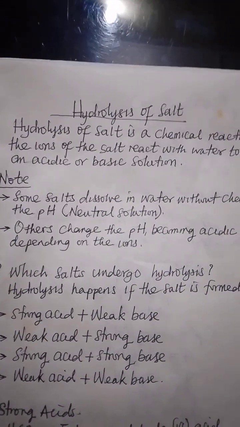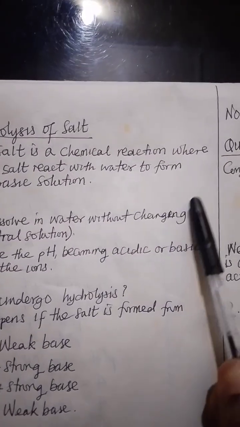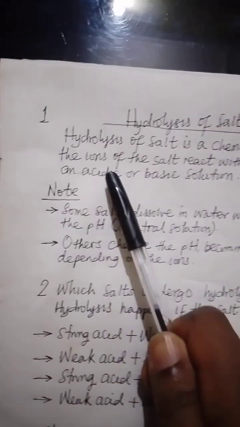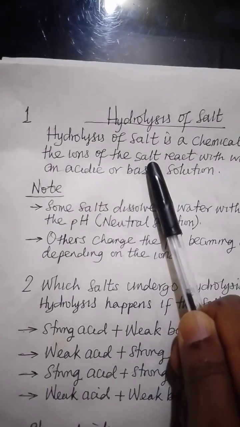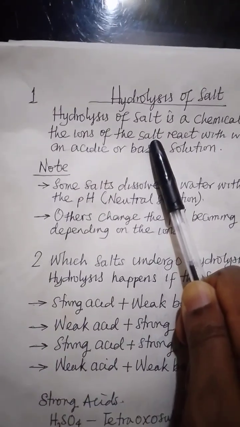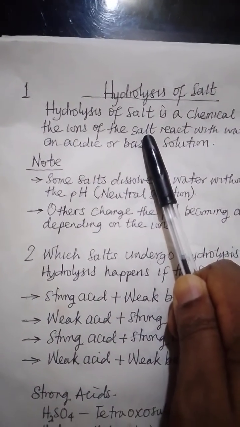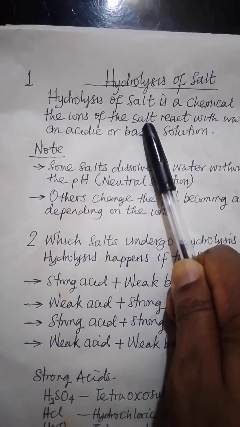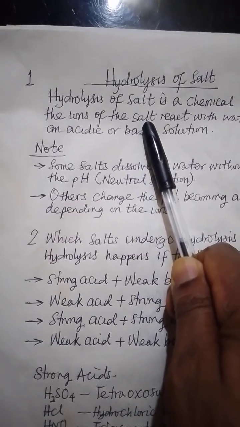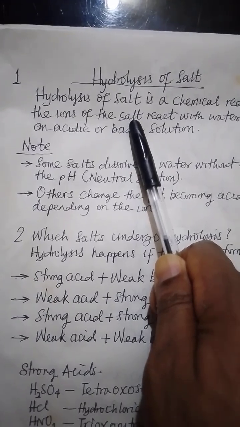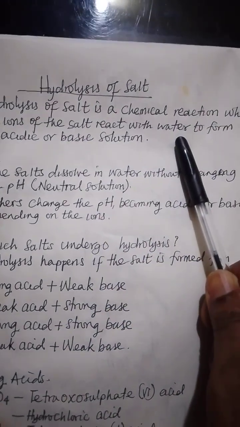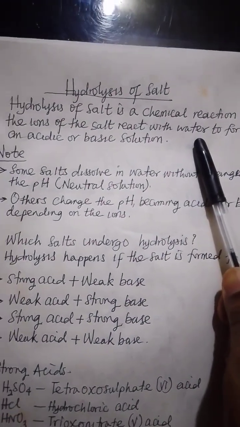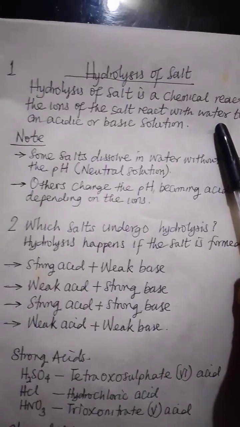Don't forget, it says where the ions of the salt. So I want you to commit that to memory. Hydrolysis has to do with ions of the salt reacting with water. So that's the basis of this study.